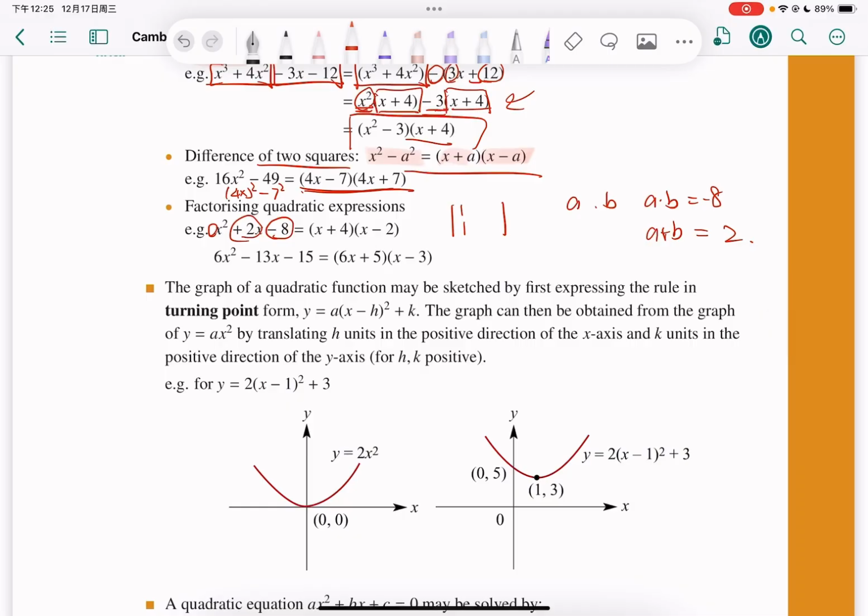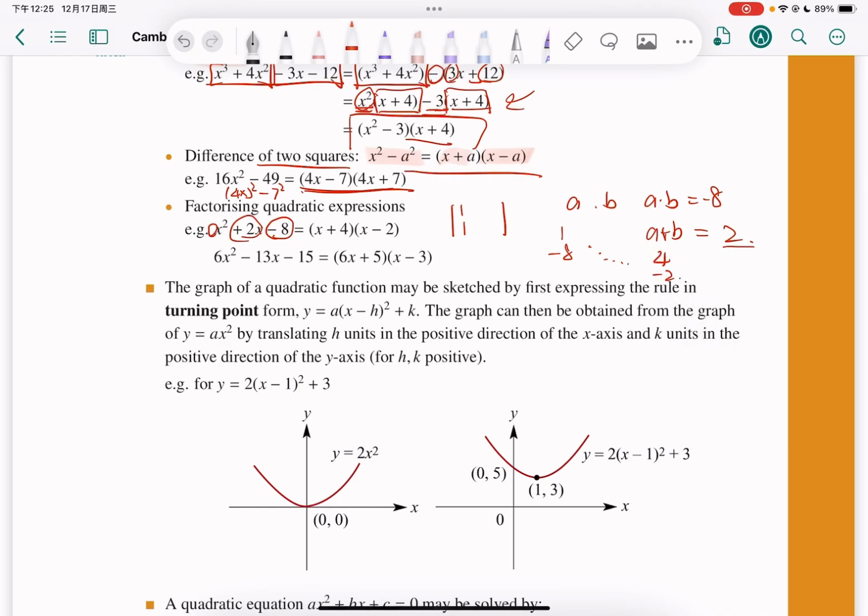So a and b are factors of negative 8. You can try 1 and negative 8, which does not give 2. After trying multiple examples, you will see it's actually 4 and minus 2.